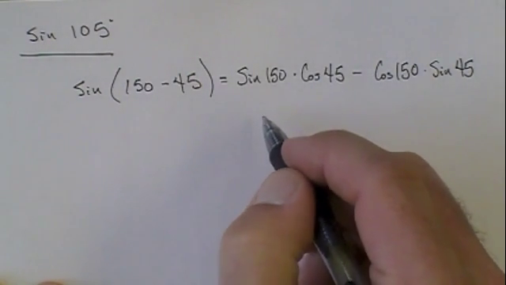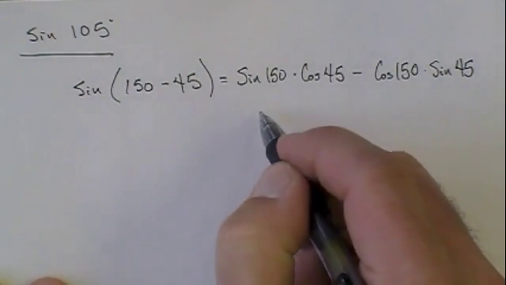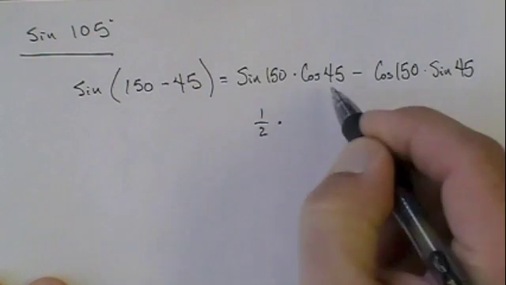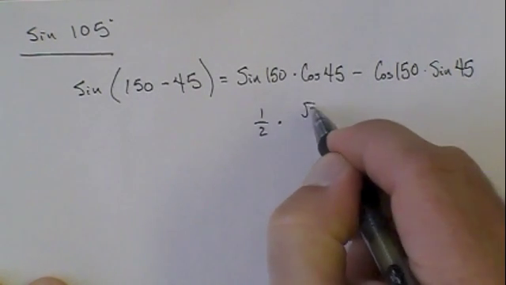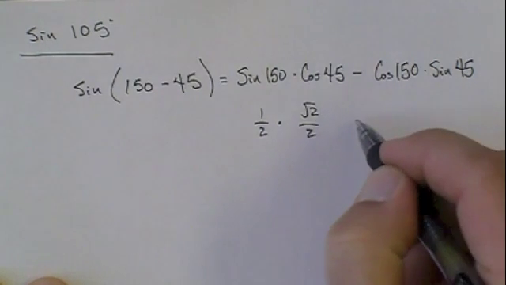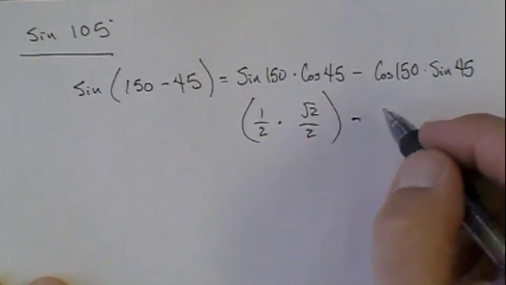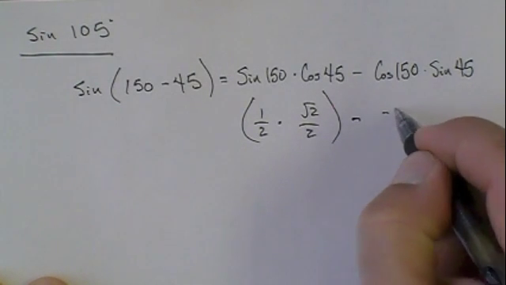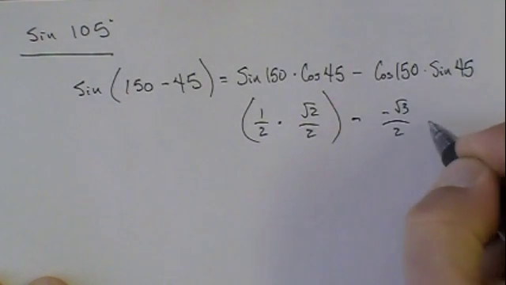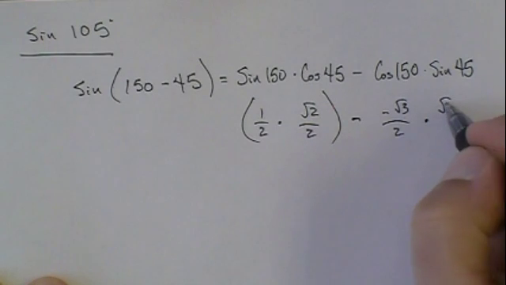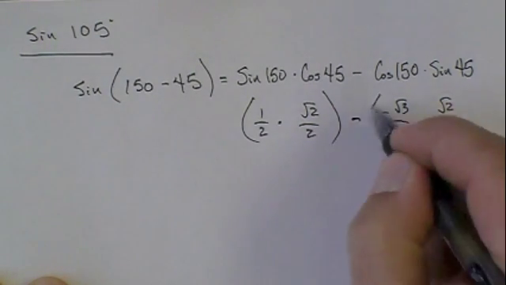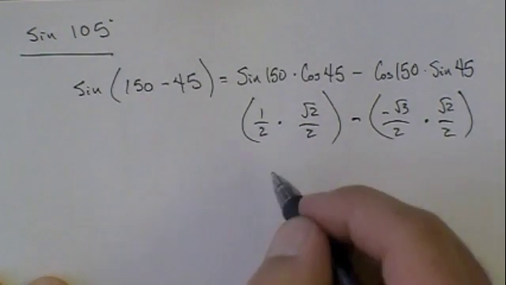We know that the sine of 150 is 1/2, and the cosine of 45 is square root of 2 over 2. And the cosine of 150 is negative square root of 3 over 2, and the sine of 45 is square root of 2 over 2. Now we go ahead and multiply these values.